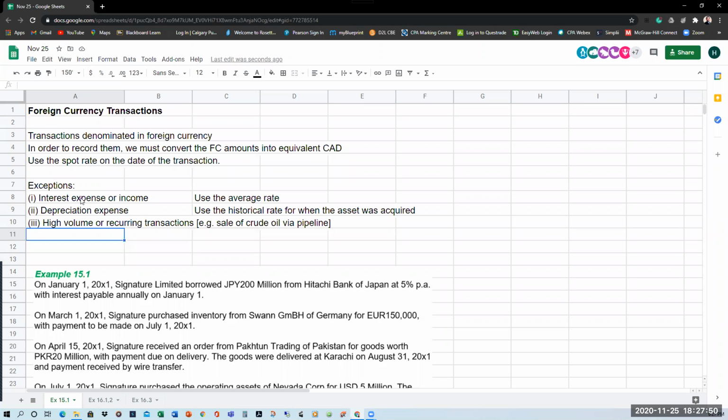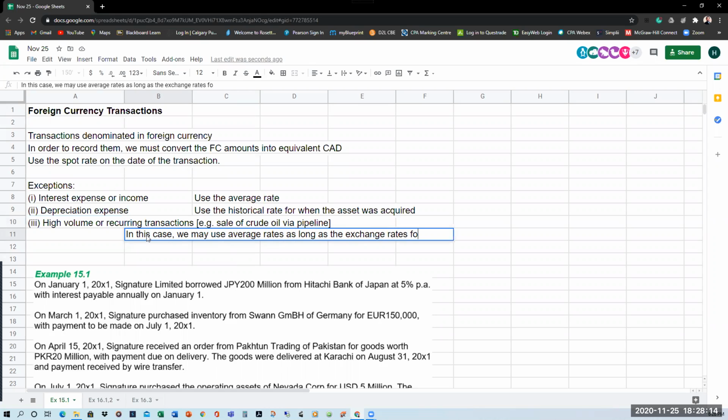So when you have high volume of recurring transactions such as that, we may use average rates as long as the exchange rates do not fluctuate wildly. That is not really defined anywhere, so it will be a matter of professional judgment as to what constitutes a wild fluctuation in exchange rates.